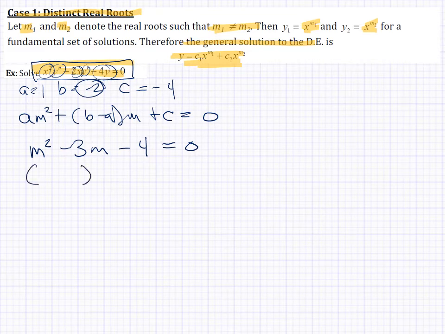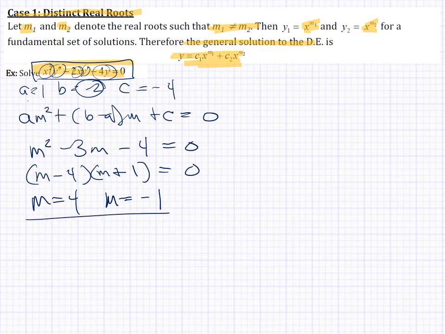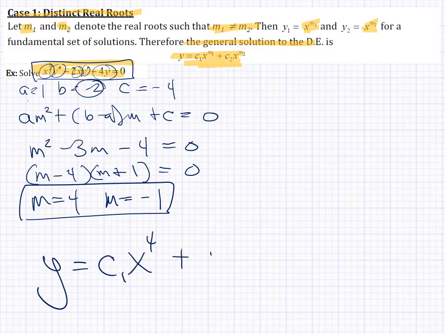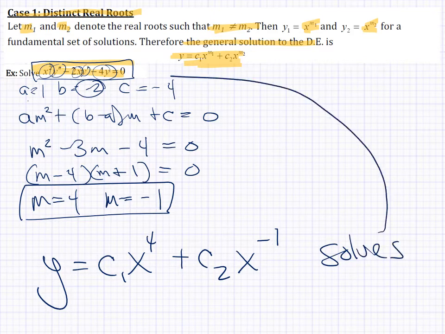That's factorable: we would get m minus 4 times m plus 1. So m equals 4 and m equals negative 1. 2 distinct real solutions. Therefore, y equals c1 x to the 4th plus c2 x to the negative 1 solves the differential equation.